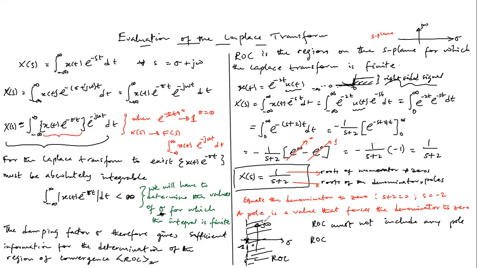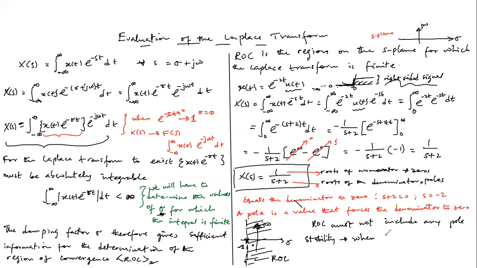Now, observe that the region of convergence includes the j omega axis, okay? So that's one important point to also note, okay? So when the region of convergence includes the j omega axis, we say the system is stable, okay? So that's stability, system stability, okay?